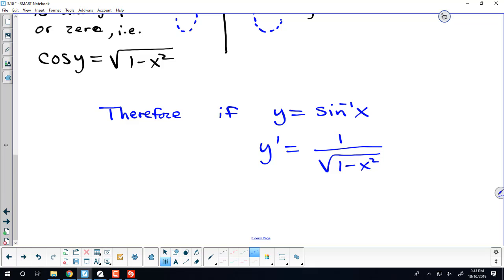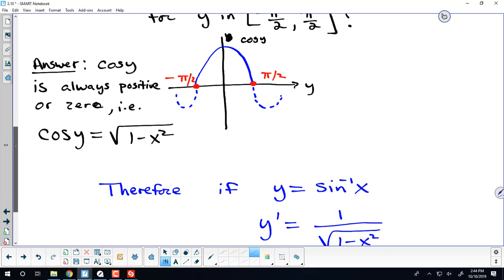And that's what you see on the next page. The derivative of the inverse sine is 1 over the square root of 1 minus x squared. If you don't follow that, that's fine. We just need to remember the derivatives, not how to derive or prove that the derivatives are what they are.